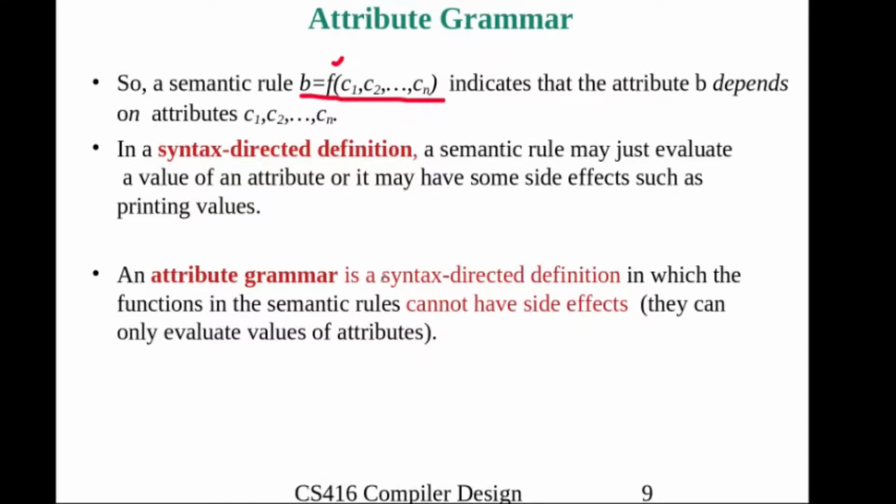An attribute grammar is a syntax-directed definition in which the functions in the semantic rules cannot have side effects. If the syntax-directed definition is free from side effects, then that grammar is called an attribute grammar. Why is it called an attribute grammar? Because we are associating attributes to the grammar symbols and we are attaching semantic actions to the productions of the grammar.